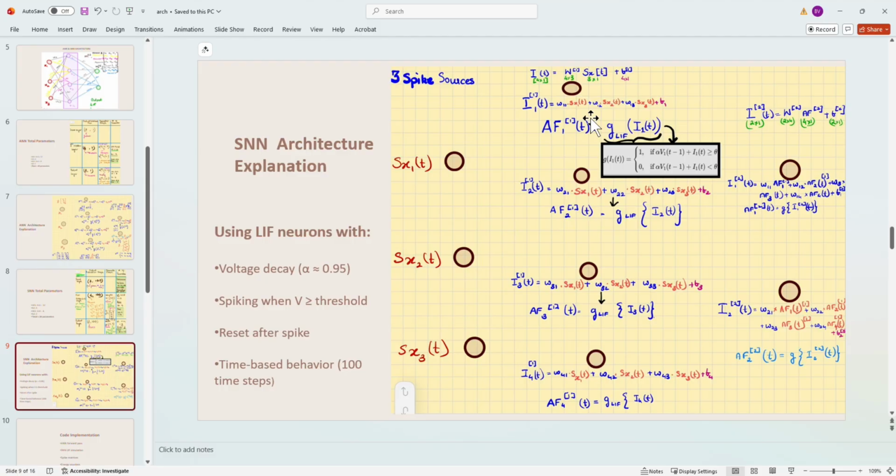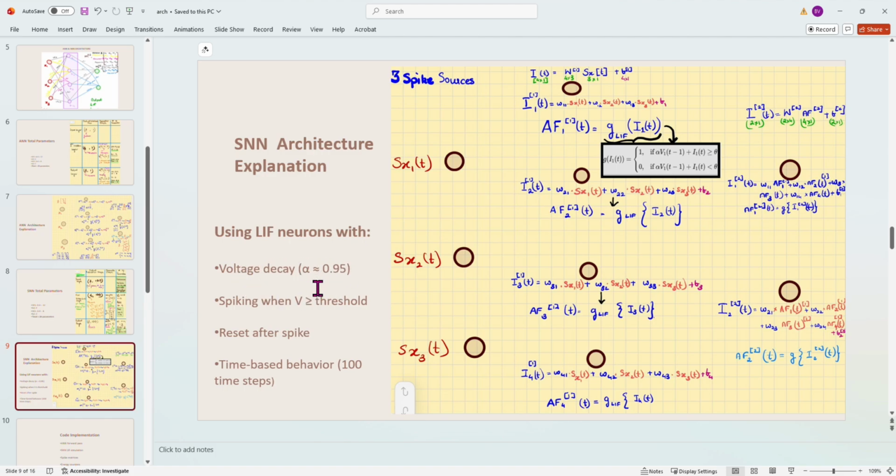That spilling of water is represented by voltage leak. That equation is given here. How much will the voltage decay, or how much will the water fall out of the bucket, is given by this term called alpha.